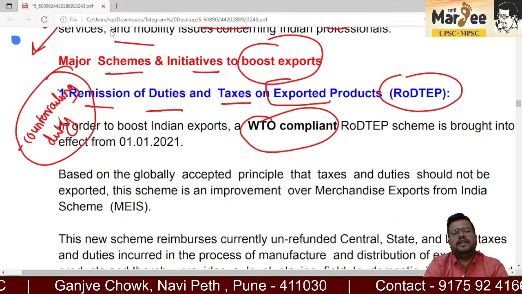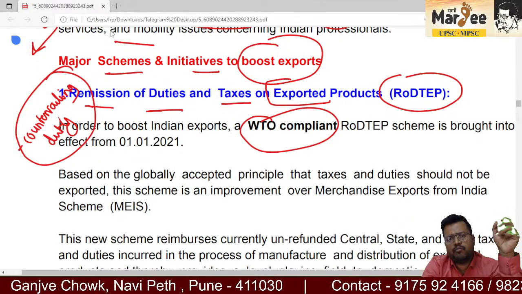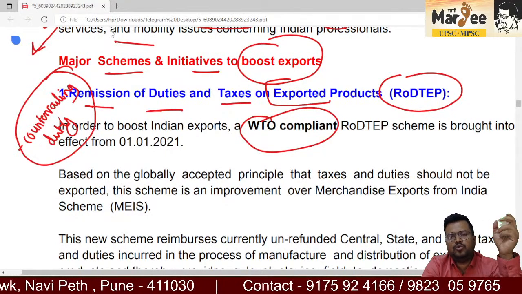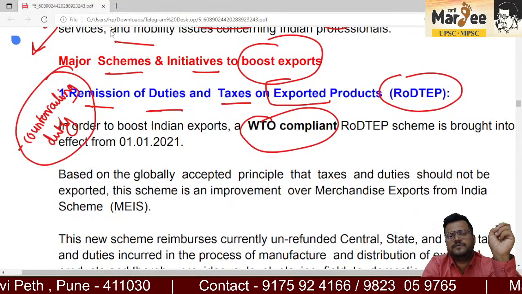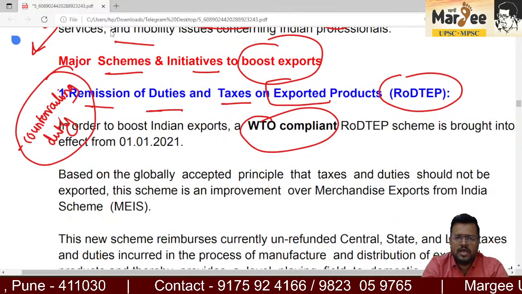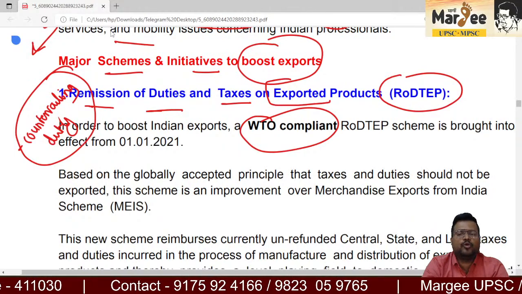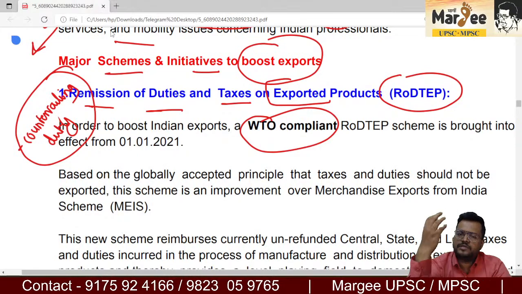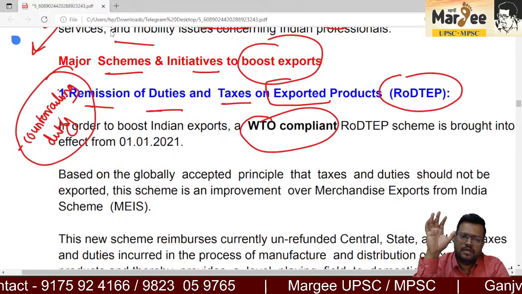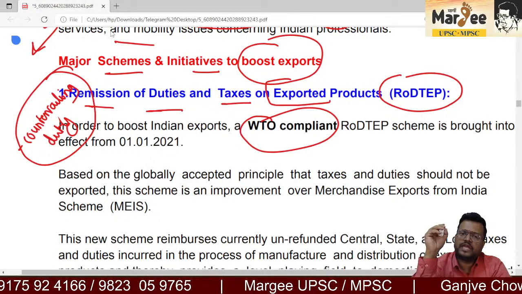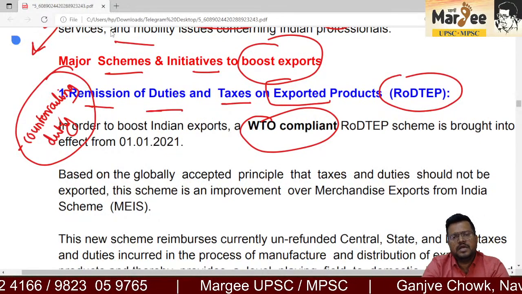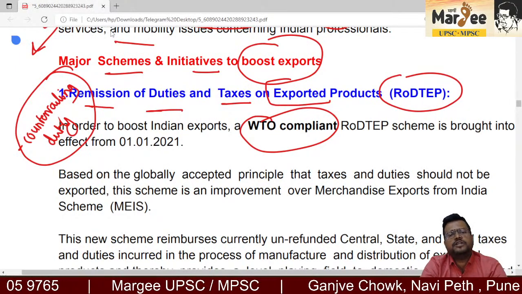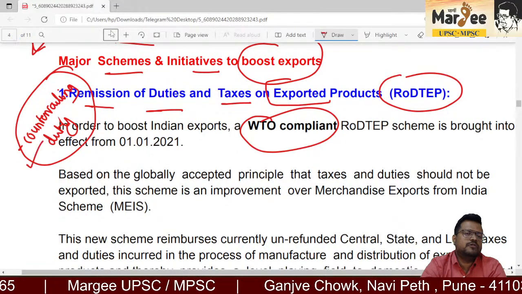This countervailing duty can be imposed by the importing country if they are convinced that due to the export subsidy given by the exporting country, our domestic industry is getting ruined. If a product is exported from China to India and India feels that the subsidies China has specifically given for export are hampering India's domestic industry and causing trade distortion, India can impose this countervailing duty.